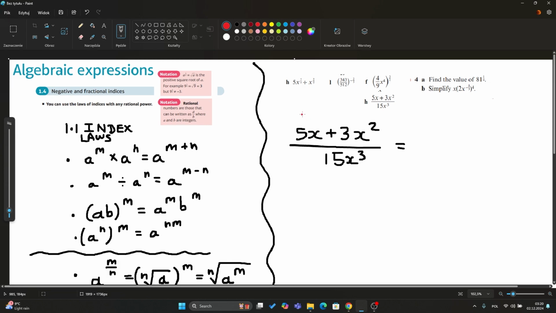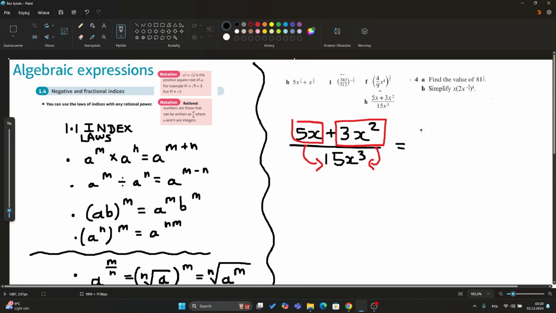Now in this question over here, we got this whole fraction here, and the numerator gets divided by the denominator. So this part is divided by this part, and this part divided by this part.